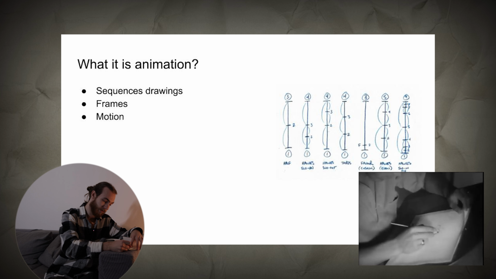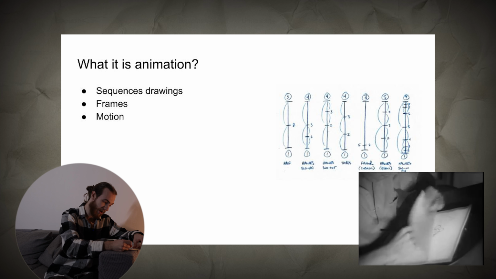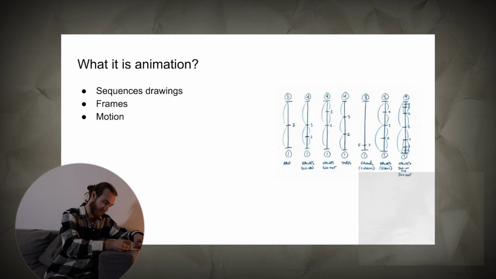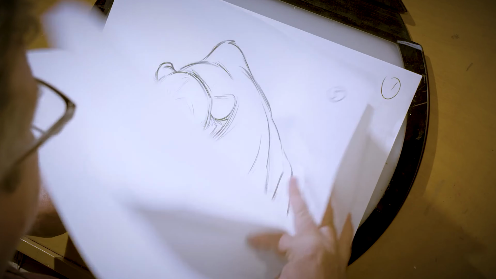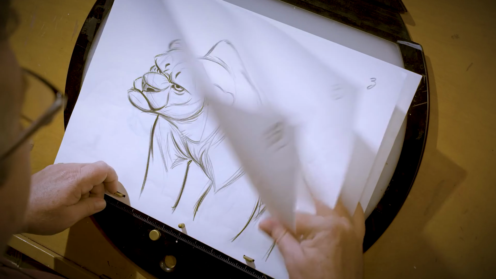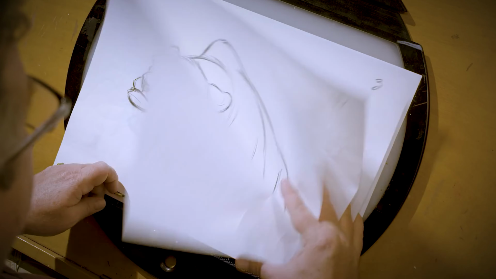So I don't know, something like this, and then it bounces back. It really stretches, so something like that. And now, when you flip the pages, it really contains the motion.